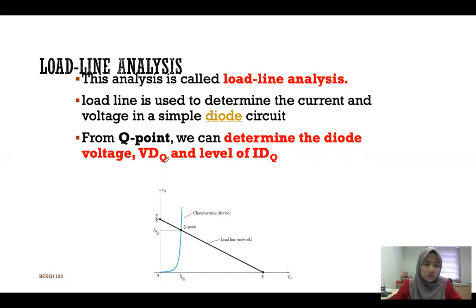If you look here, this black line is what we call the load line, and this blue line is the VI characteristics. If you still remember the VI characteristic of a diode in chapter 4 part 1, you will have something like this.